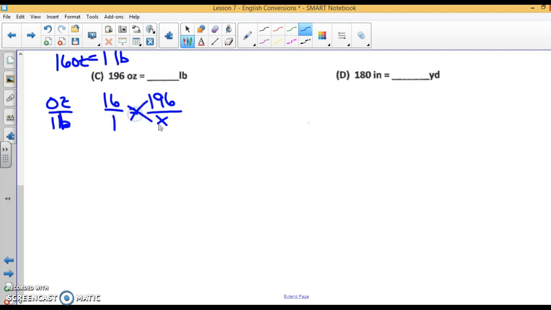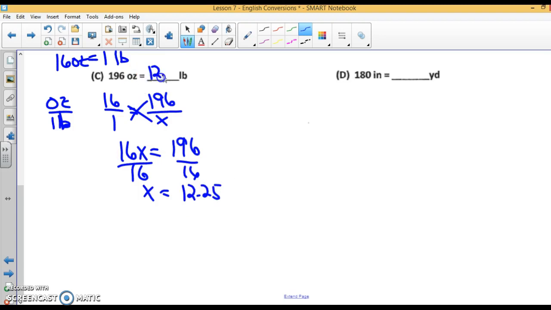Cross multiply. 16 times x is 16x. 1 times 196 is 196. Divide both sides by 16, and you get x is 12.25. So 12.25 pounds. Again, find your conversion from your conversion sheet. Set up a cheater fraction and make sure both sides of your proportion are set up the same way. And then you can solve.